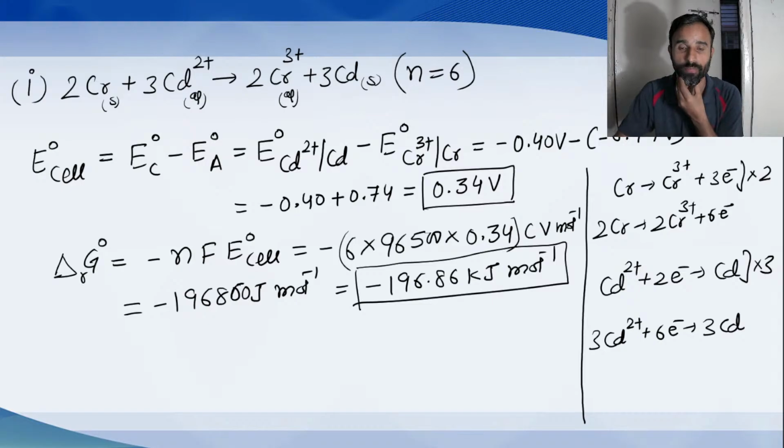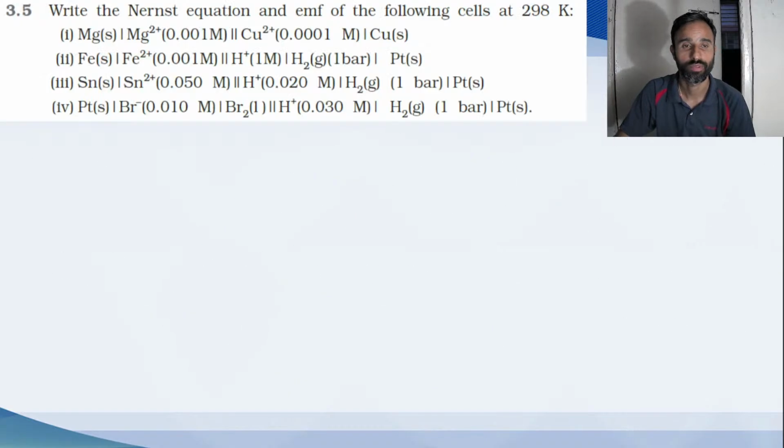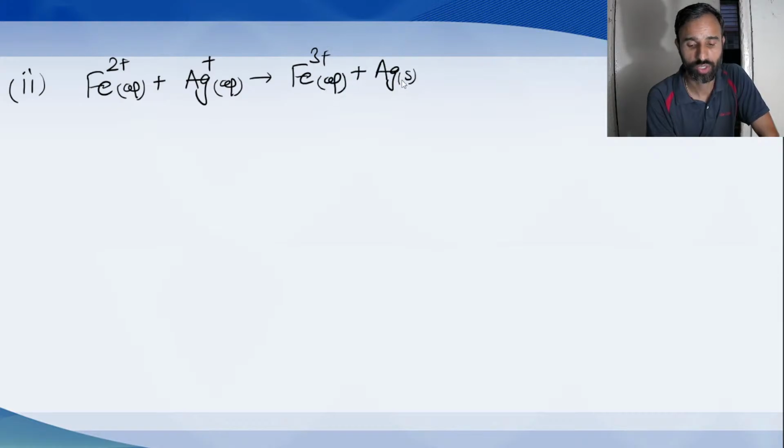Next question is question number 2 of the 3.4 part: Fe2 plus Ag plus gives Fe3 plus Ag solid.